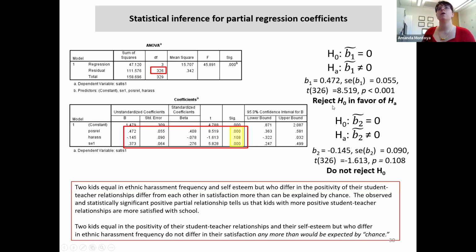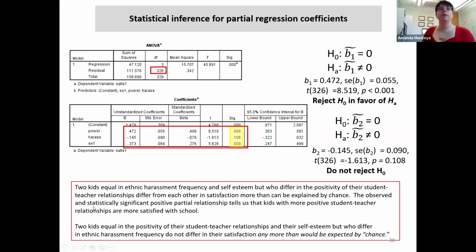So in this case, we would reject the null hypothesis in favor of the alternative, which is that the population coefficient is not 0. But for our coefficient for harassment, the p-value is 0.108, which if we're using a 0.05 alpha level, we would then fail to reject the null hypothesis.